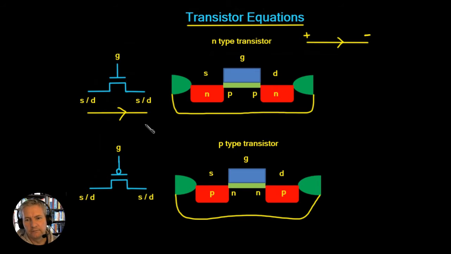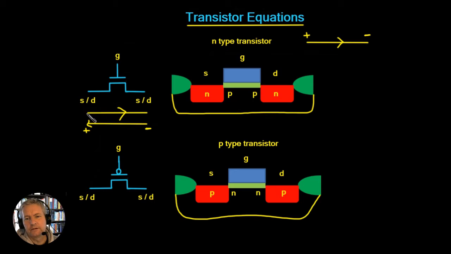Electrons actually flow in the opposite direction, from the lower terminal voltage to the higher terminal voltage. So this is the actual electron flow, which is in this direction, but the conventional current is shown in this direction. That's just an anomaly of engineering, and it's cropped up historically.